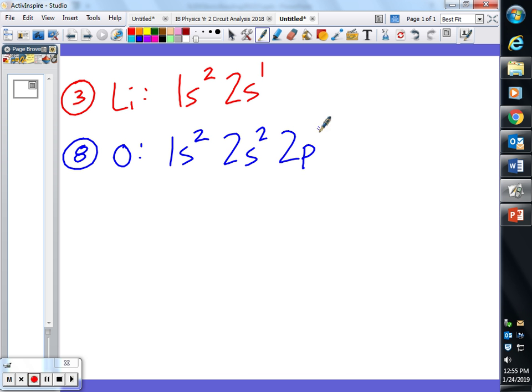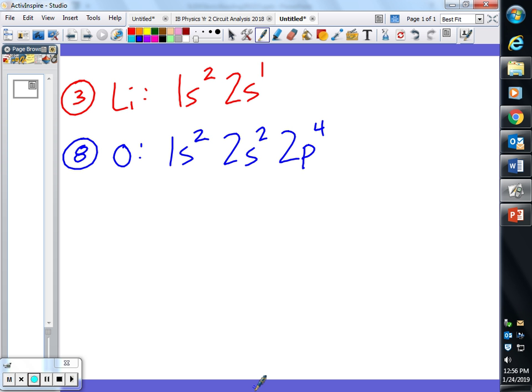4. Okay? Now, here's where we have to make sure we understand what we're talking about. What's the highest level that has electrons in it for oxygen? Not 2p, that's an orbital. What's the highest level? 2 is the highest level. Some are s orbitals, some are p orbitals, but that's still the second level.